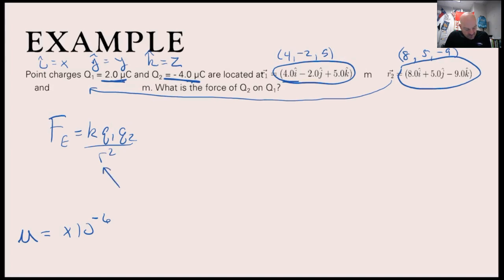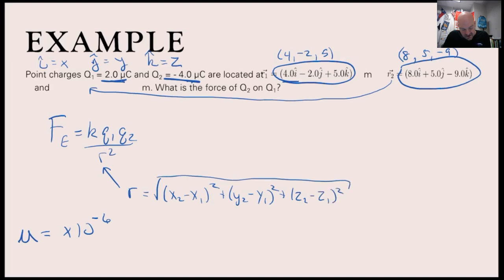Okay, but the first thing that we need to find is what is the actual distance between them? Now, you can separate this into 3 by just looking at the x distance, the y distance, the z distance. But you can also use the distance formula from math class. Say r is the square root of x2 minus x1 squared plus y2 minus y1 squared plus z2 minus z1 squared.